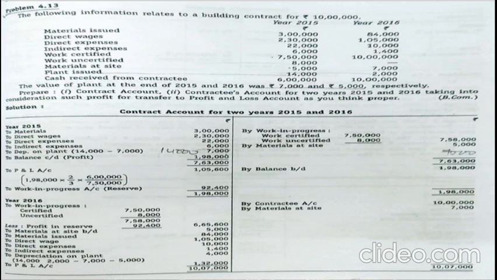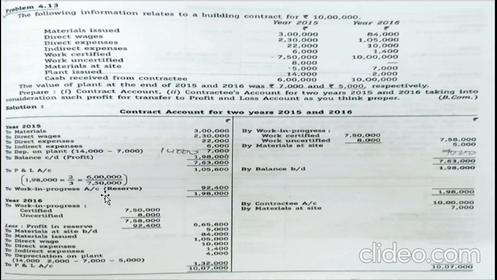Cash ratio is cash received divided by work certified. So the notional profit is 1,98,000 into 2/3 into 6 lakh divided by 7,50,000, since cash received from the contract in 2015 is 6 lakh. This gives 1,05,600, which is transferred to the profit and loss account.